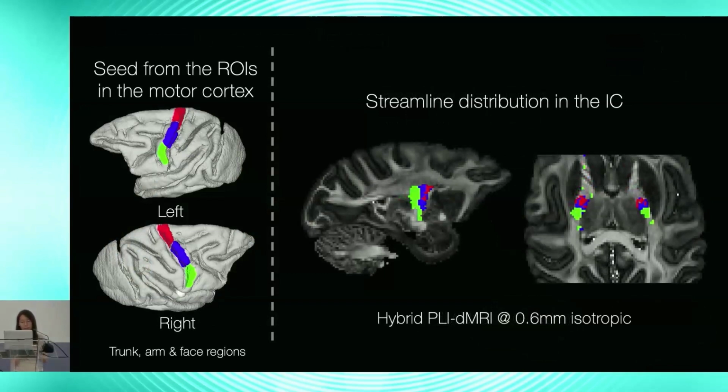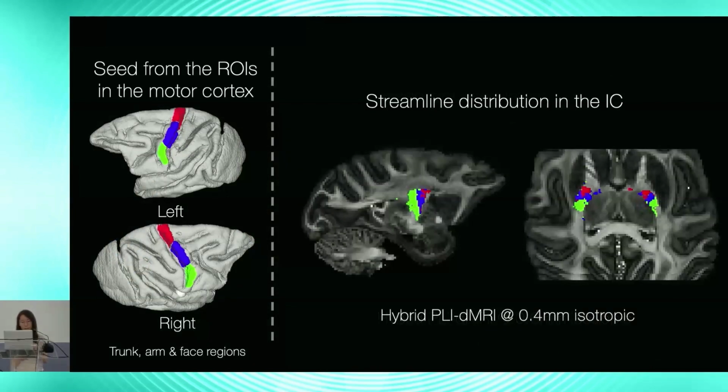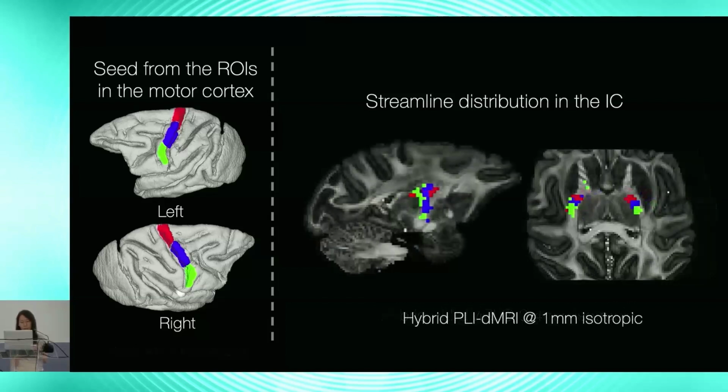But at the same resolution, with the microscopy informed orientations, we can better get these distributions along the anterior to posterior axis. We can also get a similar pattern if we increase the resolution. And interestingly, at 1 millimeter, we can also better resolve these structures with our hybrid orientations.